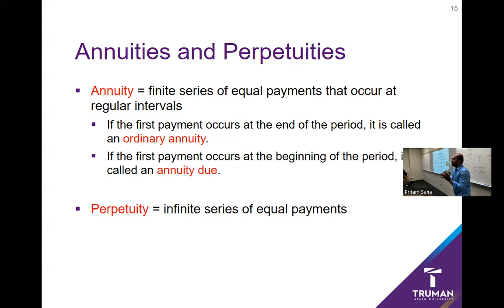One major characteristic of an annuity is that you will only get those cash flows for a certain number of years, let's say 5, 10, 15, 20, 25, 30. But if you get equal amounts of cash flows at equal intervals forever, that is a perpetuity.